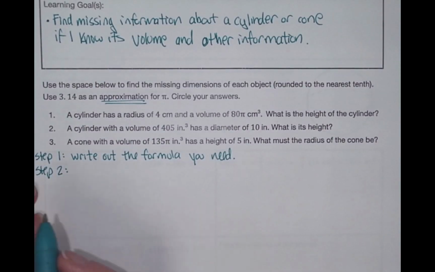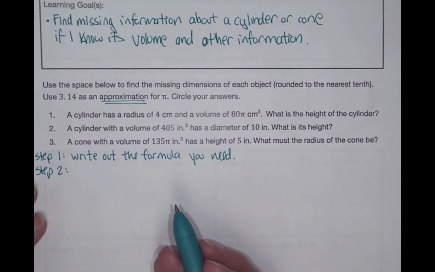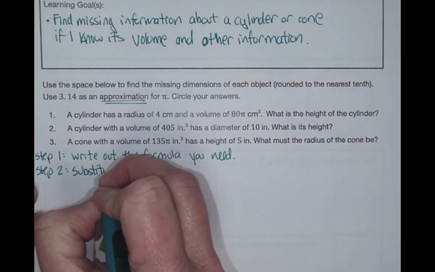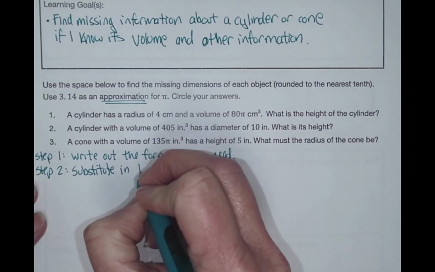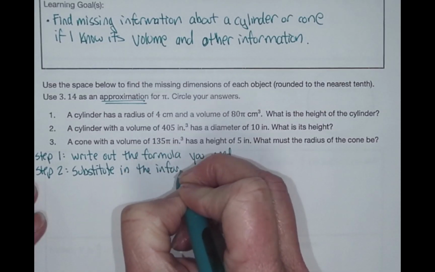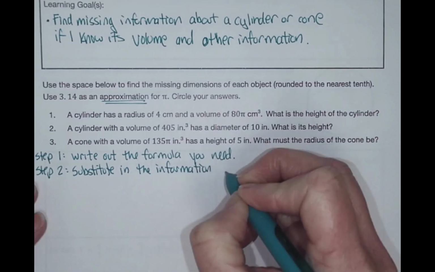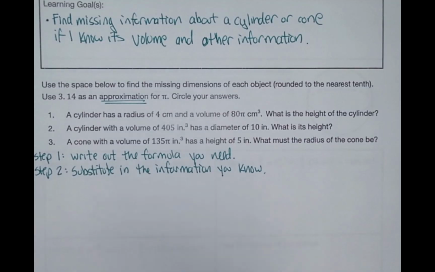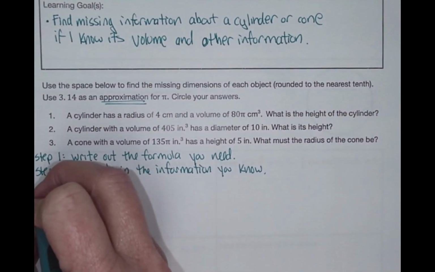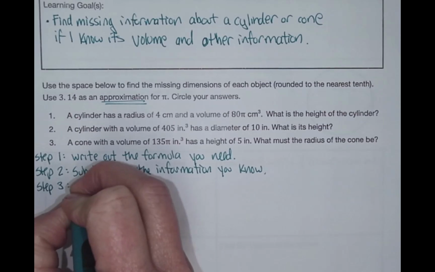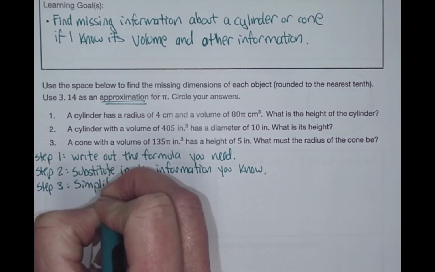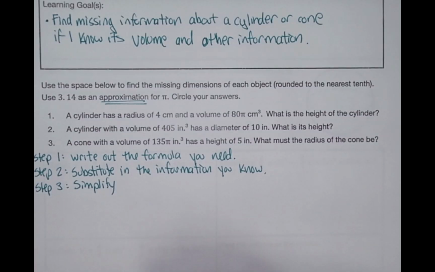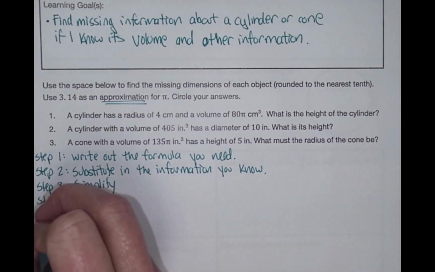The second step is to substitute in the information you do know. Then simplify it. Guess we'll call that a step. And then solve for the missing or unknown value.